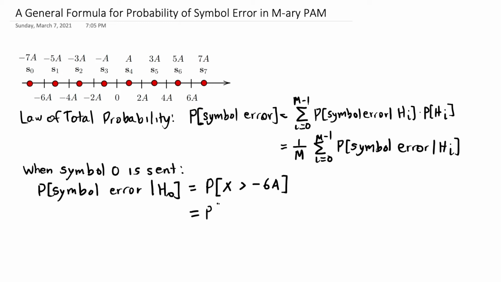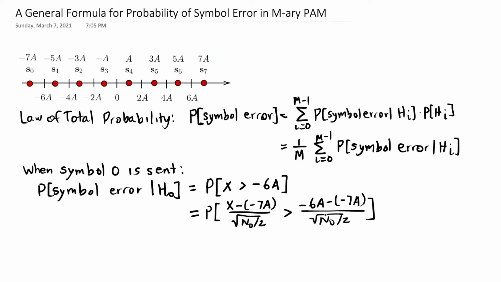And I know that x is not a standard normal random variable, and I only have formulas for the probability of x being greater than something if it is a standard normal random variable. So I do this trick where I subtract the mean and I divide by the standard deviation. This side is a standard normal random variable. I'll call it, as I do typically, z.